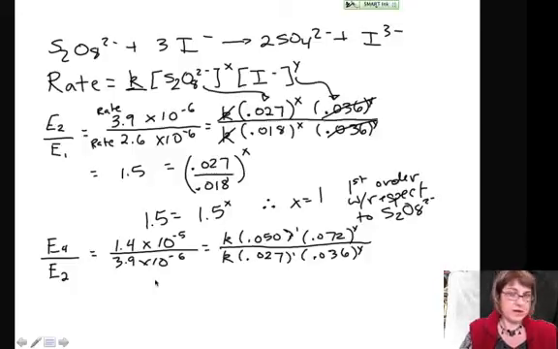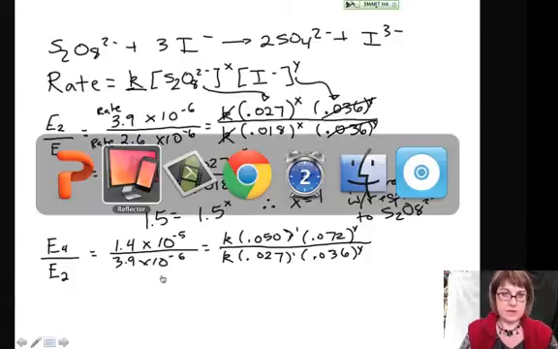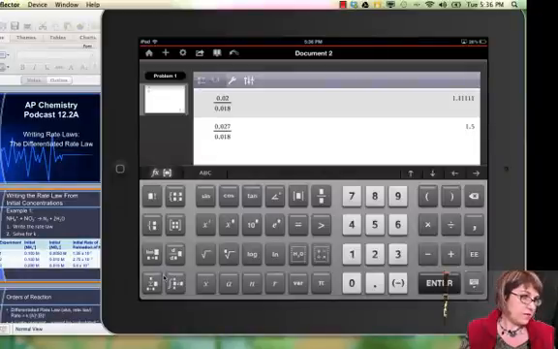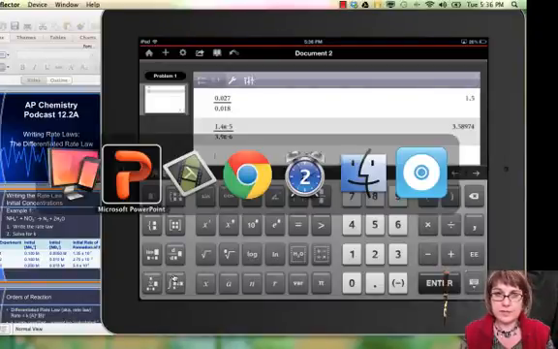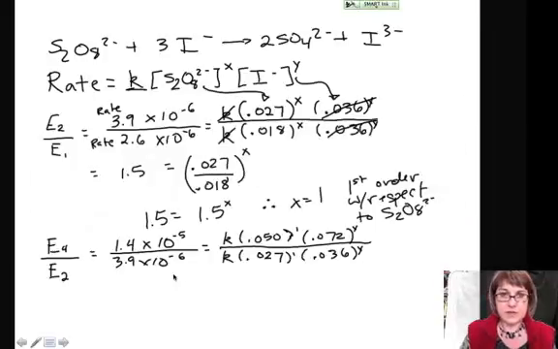Now we need our calculator to take care of the math. So what did we have? 1.4 times 10 to the negative 5 divided by 3.9 times 10 to the negative 6 is equal to 3.589... We'll keep that in the calculator, but I'm just going to write here 3.58.